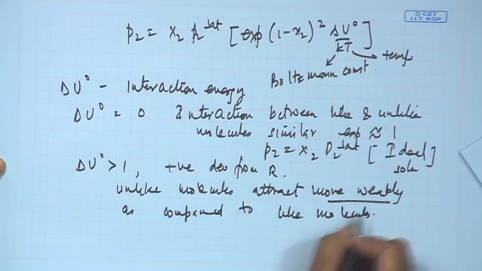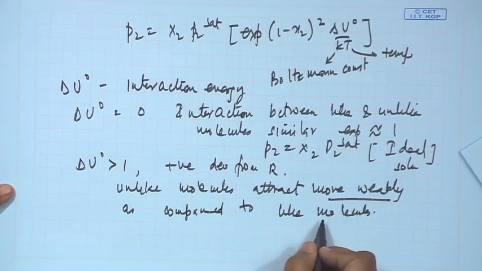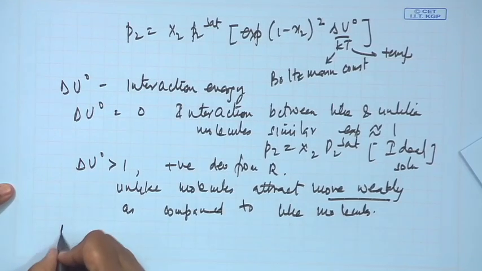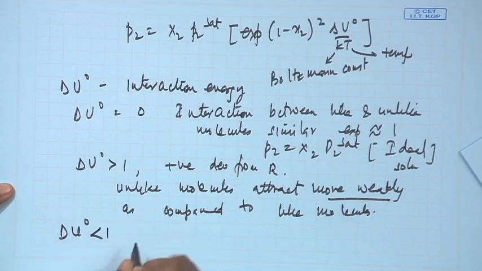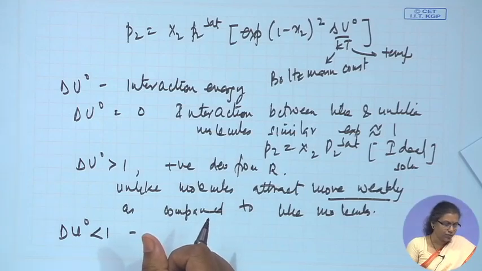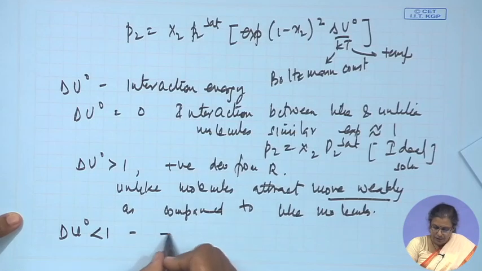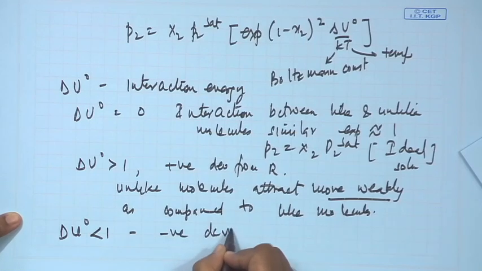Under this condition, as I have explained, evaporation is facilitated and vapor pressure is higher than that calculated by Raoult's law. And if delta U0 is less than 1, then in that case, as I have said, unlike molecules attract more strongly, and therefore the total molecular interaction increases and the evaporation of molecules becomes more difficult, and we have negative deviations from Raoult's law.